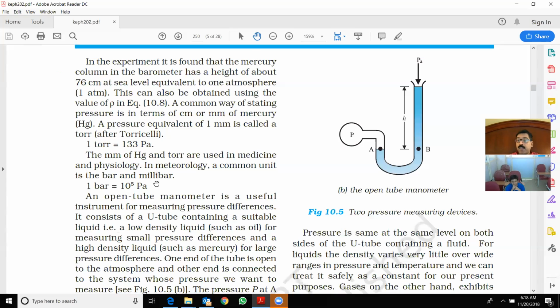So 1 atmosphere is 1.01 into 10 to the power 5 Pascal, right? So 1 bar is approximately equal to 1 atmosphere. So you see the pressure has many common units. Pascal is the official SI unit. Then you have mm of Hg, then you have torricelli, then you have bar.